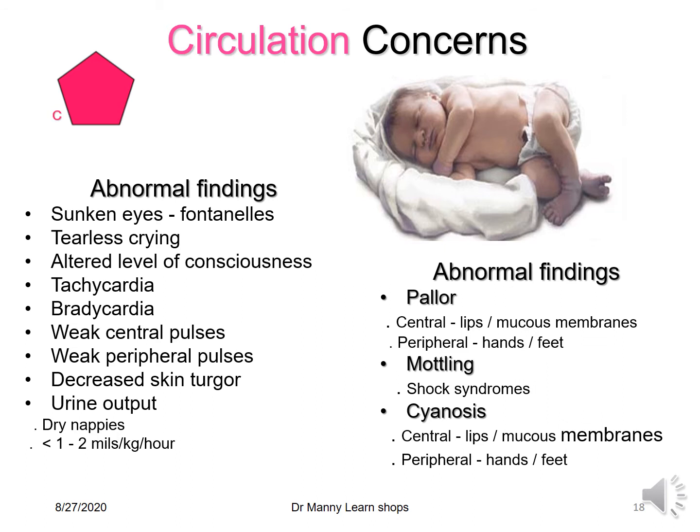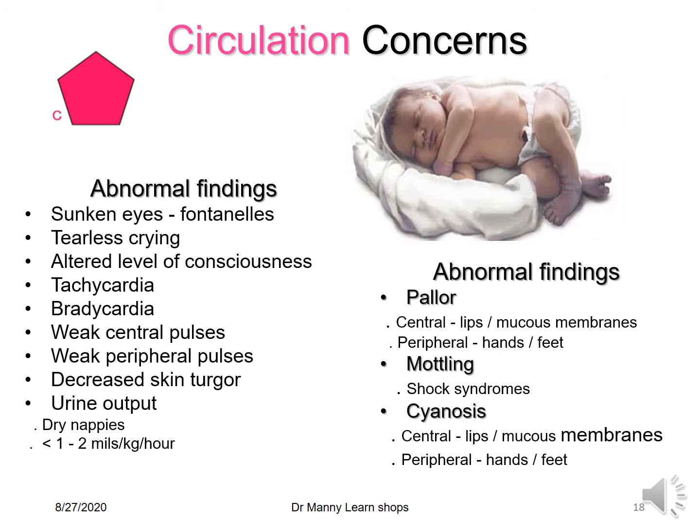Or, in more serious situations, mottling of the skin, which could be related to shock syndromes, or cyanosis, which could be central, the mucous membranes, the tongue, the conjunctiva, the lips, or it could be peripheral, such as the hands and feet.